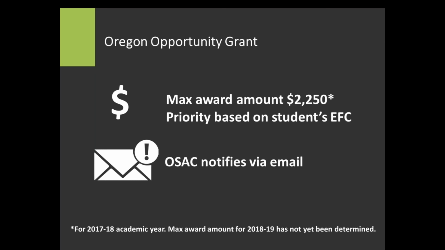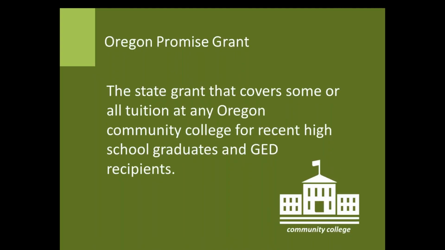If you decided to start school this winter and you did a 17-18 FAFSA, you may likely still be eligible for the federal Pell Grant through the federal government. But unfortunately, the way the Oregon Opportunity Grant works, you would have to enroll in fall.